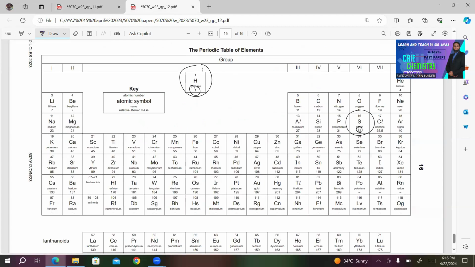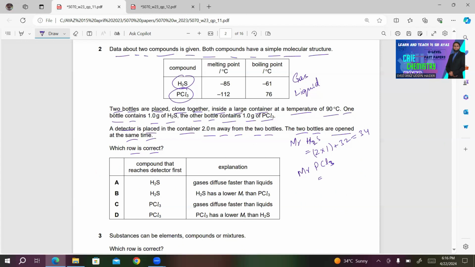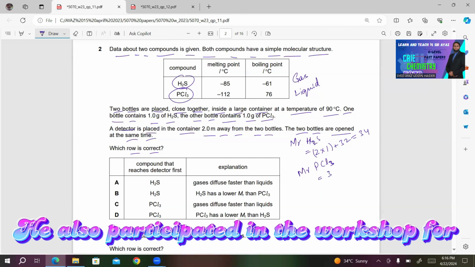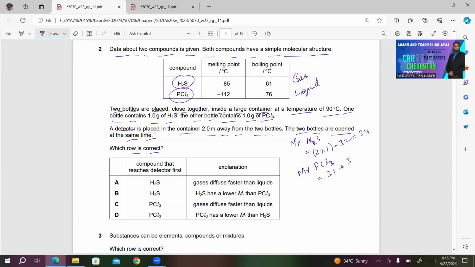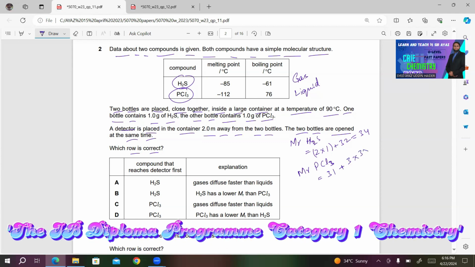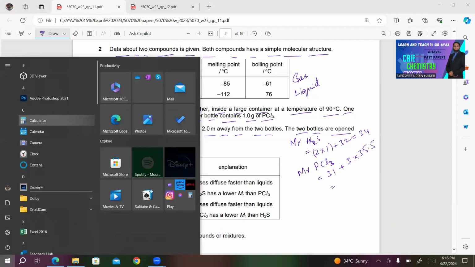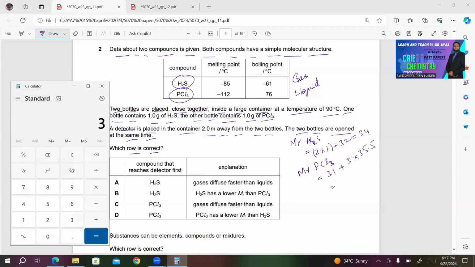Where is P in the periodic table? Here is P. Ar is 31. What about Cl? It's 35.5. We have 1 atom of P, so we have 31, and we have 3 atoms of Cl, so 3 will be multiplied by 35.5, plus 31, 137.5.